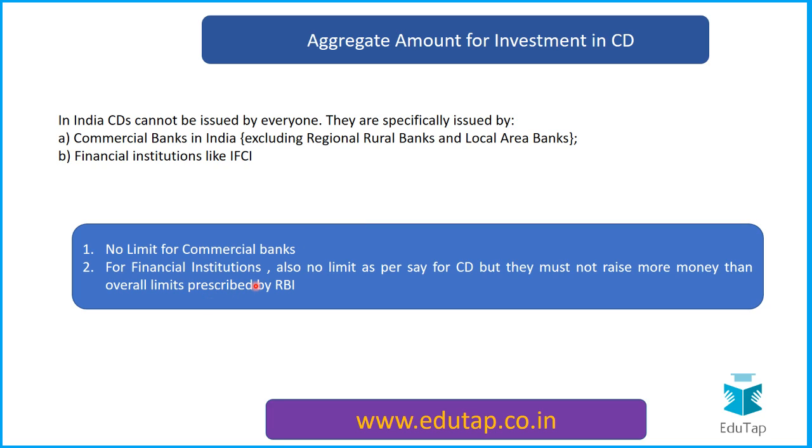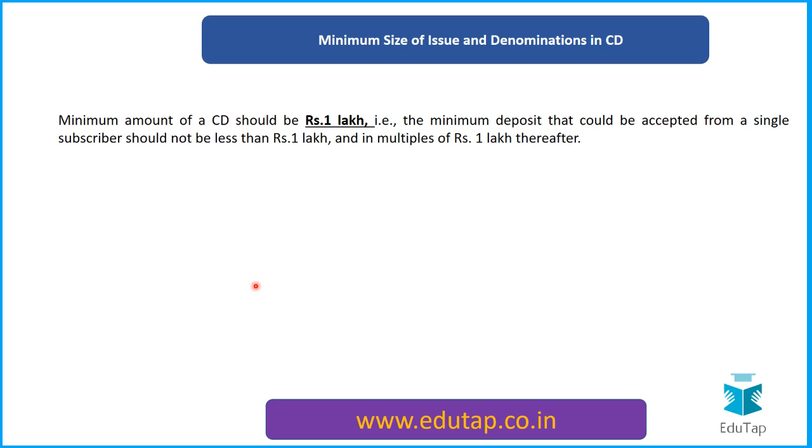For financial institutions also there is no limit, but overall there are regulations prescribed by RBI that financial institutions can raise this much money, so they should not breach those regulations. But per se, there is no specific restriction on raising money through CDs for financial institutions.